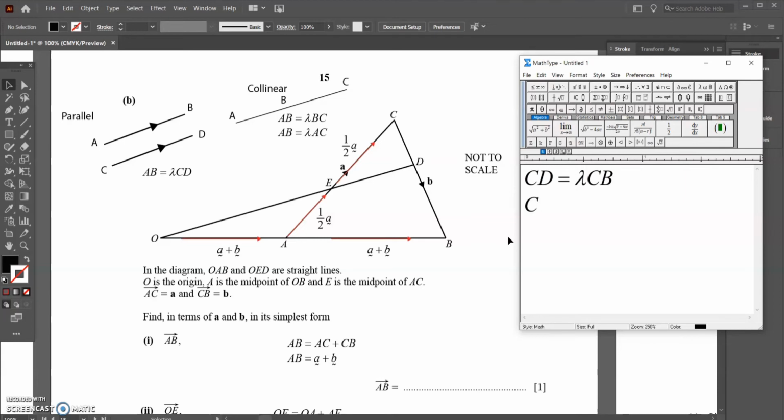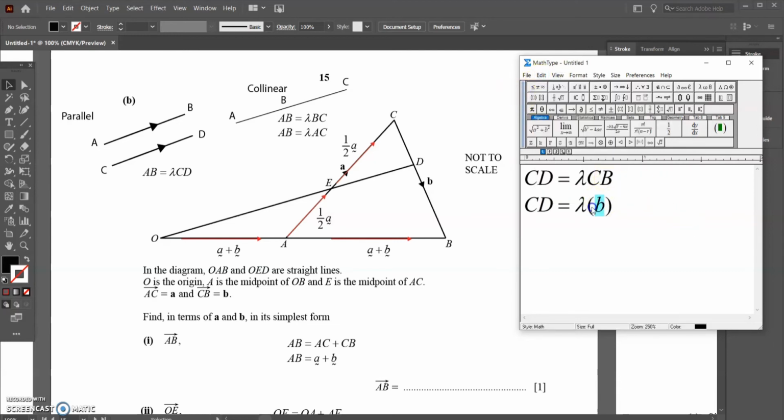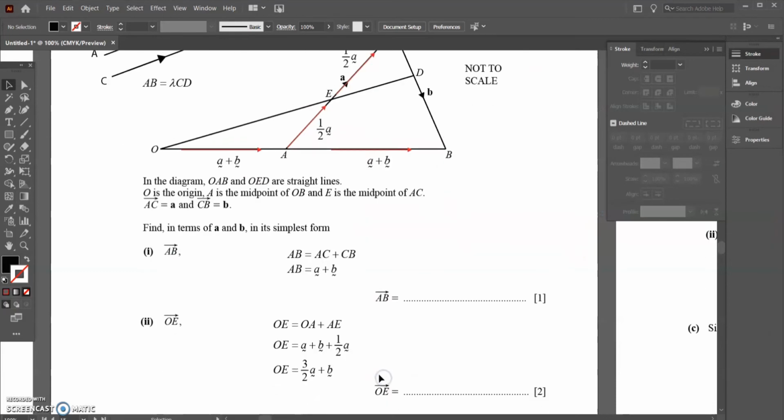And then CD is equivalent to lambda of B, because CB is B. So you got this. That's CD. I just put it here like that for you to see.